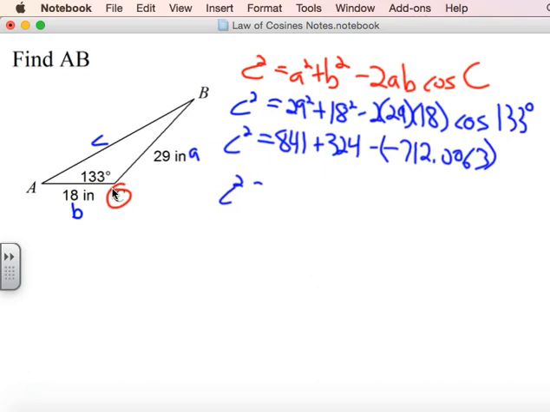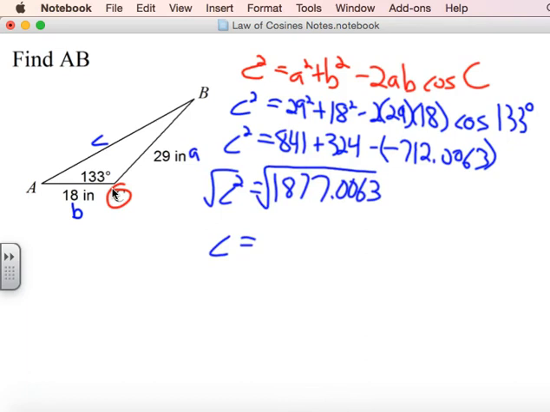So c squared equals 841 plus 324 plus 712.0063, which is 1877.0063. And then you do the square root to get c. So square root, c equals 43.3. So our little side is going to be 43.3.